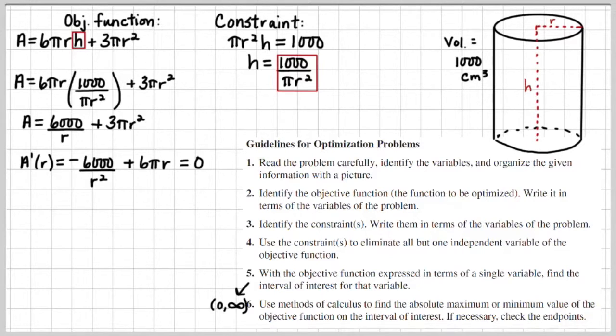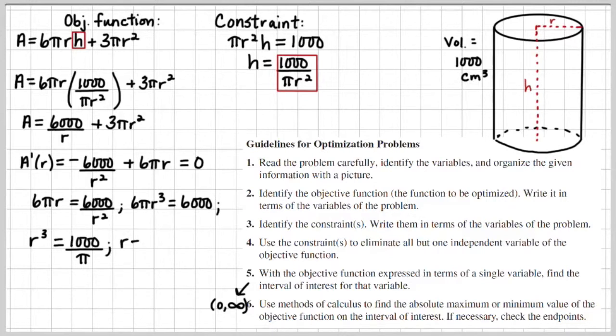If I move the negative fraction to the other side of the equation, I get 6 pi r equals 6,000 over r squared. Now I can cross multiply the proportion and get 6 pi r cubed equals 6,000. We'll divide both sides by 6 pi and simplify to get r cubed equals 1,000 over pi. So r is equal to 10 over the cube root of pi, which is approximately 6.83, and that is our critical point.